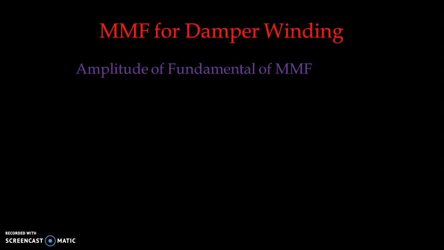So we start with amplitude of the fundamental of the magnetomotive force, and let us call it AT1, and that is equal to 4 by pi multiplied by ATM and multiplied by fundamental winding factor KW1. We know the value of ATM.